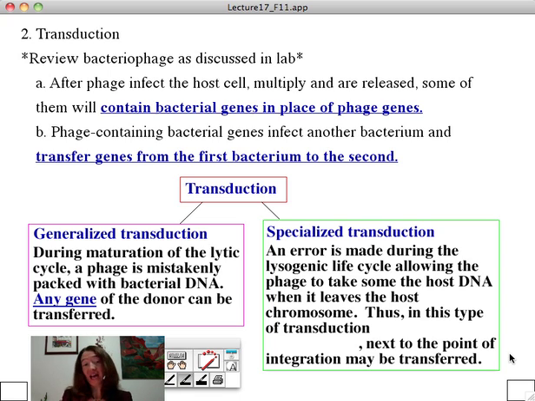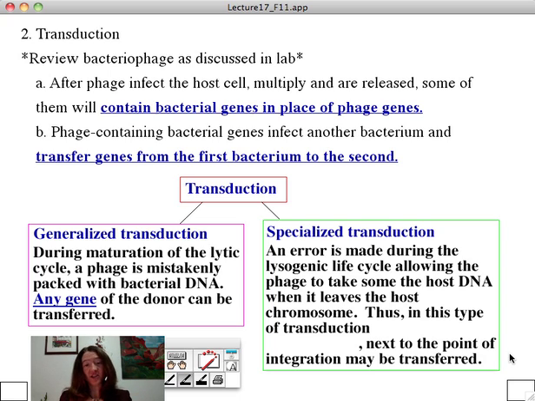So if you've got a tiny phage capsid, it's not going to be able to fit very much bacterial DNA in there. So on average, you're looking at a very small amount of bacterial DNA that's getting in there, like 1 to 2.5% of the total genome would actually get incorporated and transferred to the recipient. So it's a tiny amount that really is getting in there.